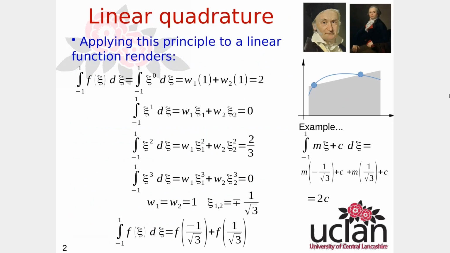So applying this principle to a linear function renders the following. In the first instance, we need to decide how to generate equations to solve for the 2 points. So there'll be a weight at the point plus an evaluation of the function, or the place in which to evaluate the function, ergo the Gauss points.